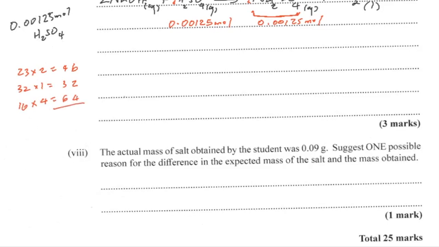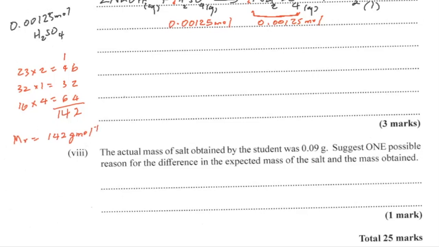This would be 4 plus 2, 6 plus 6, 12. We carry 1. 6 plus 3, 9, plus 4, 13, plus 1, 14. So the RFM is 142, but the molar mass is 142 grams per mole.